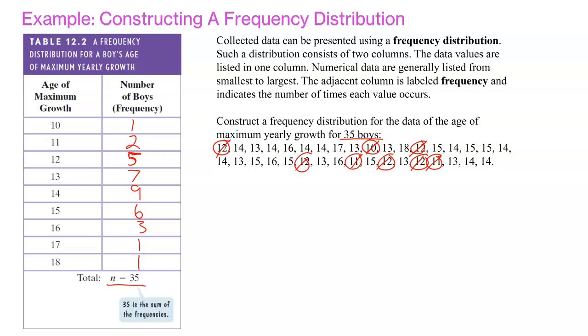Now, with this chart, it's a lot easier to see at what age most boys achieve their maximum growth. 14. Why 14? The most frequent. 14 is where I have the most frequency, so the answer is at age 14, when most boys achieve their maximum growth.